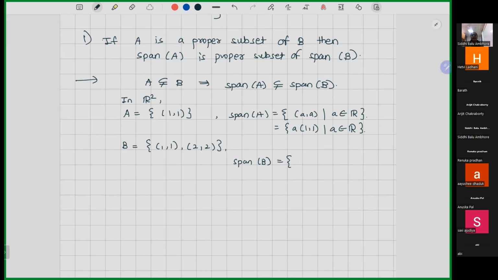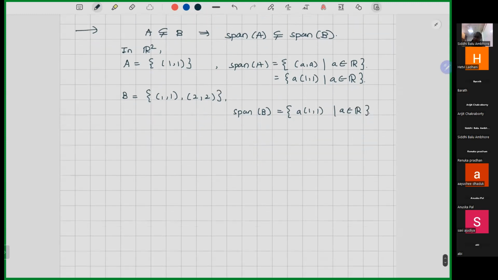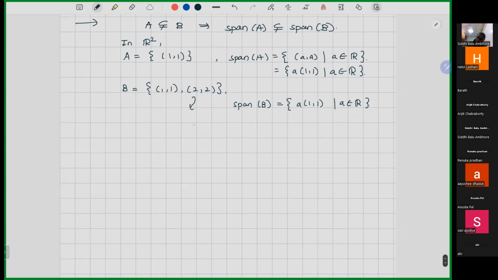Can somebody tell me what will be the span of this set? It will again be elements of this form, right? Because this (2, 2) is anyway 2 times (1, 1), which belongs to the span of (1, 1).